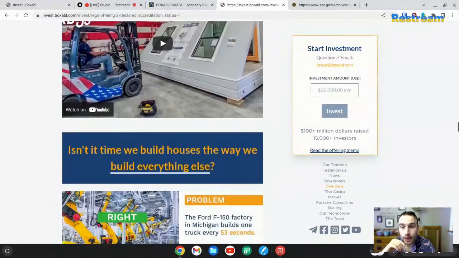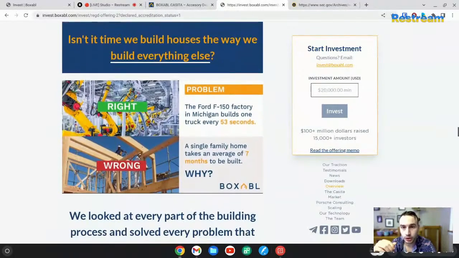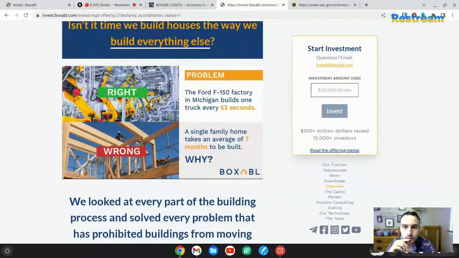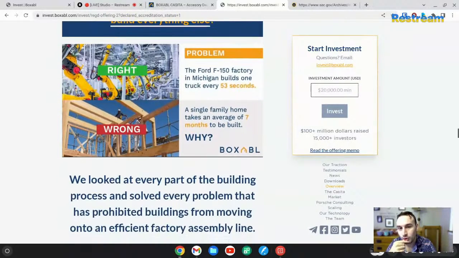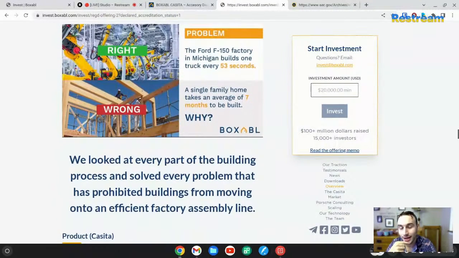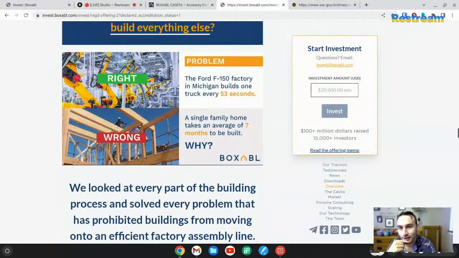Now they have a lot of different videos on this page here. Oh no, I'm wrong. Ford produces a car every minute, not every day. But wow, it takes 46 seconds. Ford produces a new truck every 53 seconds, whereas a single-family home takes an average of 7 months to be built.